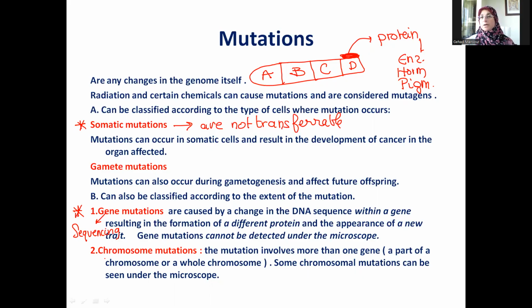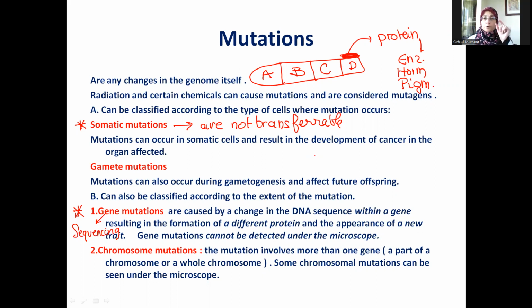But there is another kind of mutation that is more extensive because it might involve the number of chromosomes. You might have one chromosome more, you might have one chromosome less, you might have, for example, duplication of the number of chromosomes, meaning that instead of having one set, you might have two sets, and so on.